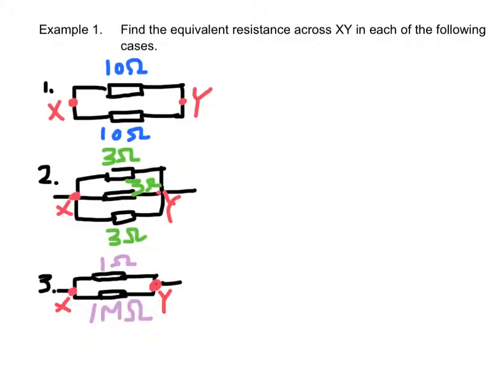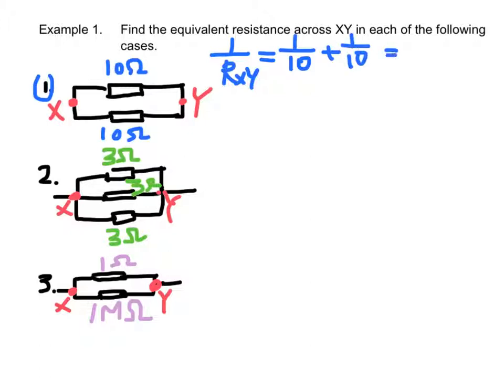Example 1. Case 1: 1 over Rxy equal to 1 over 10 plus 1 over 10, which is equal to 1 over 5. Therefore, Rxy equal to 5 ohms.